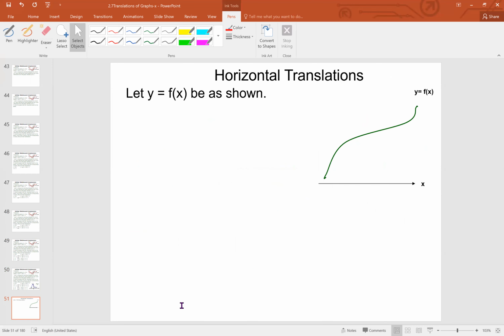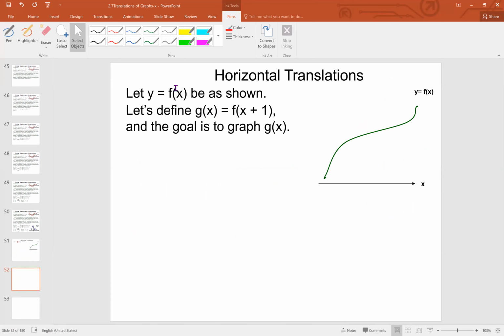Now let's do horizontal translation. Let's see what happens if I change the x, and replace x by x plus 1. What do we mean by that? I can give you an example. Suppose I have the formula y equals 2x plus 3, that's f of x.